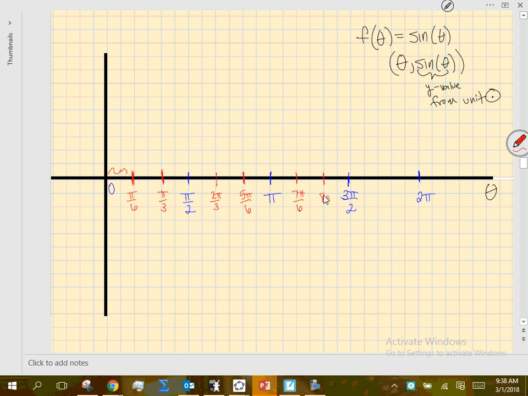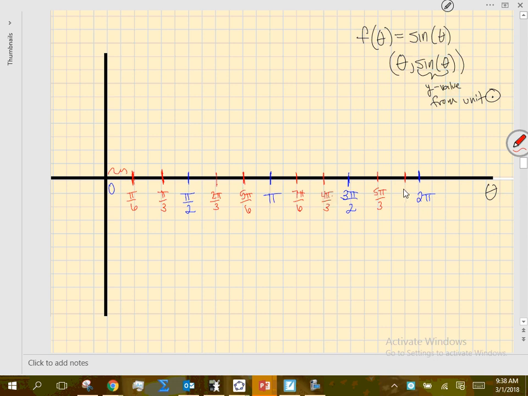That would be 8 pi over 6, which I'm going to write as 4 pi over 3. So that was 8/6, this is 9/6. This would be 10/6, so that's 5 pi over 3.